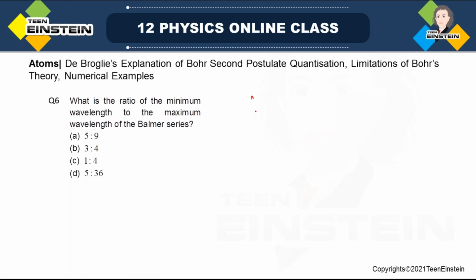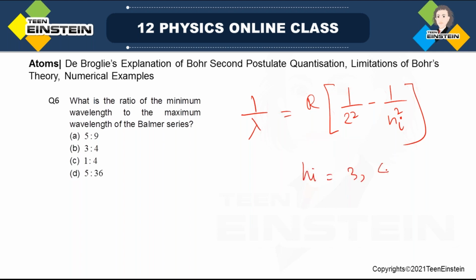For the Balmer series, we know the wave number 1 over lambda is equal to R into 1 by 2 square minus 1 by n_i square, where n_i will be starting from 3, then 4, 5, etc. It can go up to infinity.